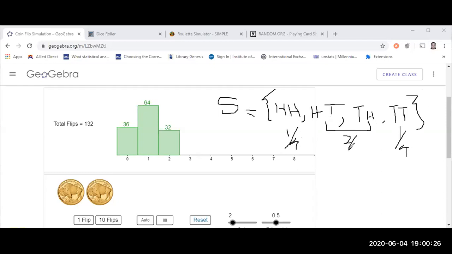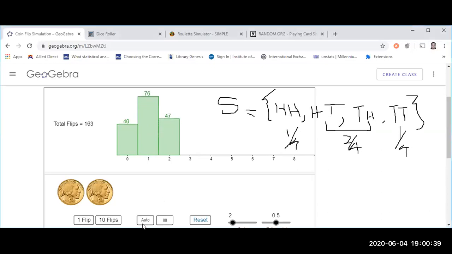So that is why you see more frequency for a head and tail when you auto flip the experiment. Okay, you can see if I auto flip it again, they keep on rising, but they will maintain this natural relationship that most of the times you're going to get these results compared to the 2 heads and to the 2 tails.